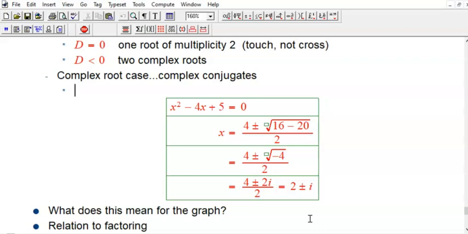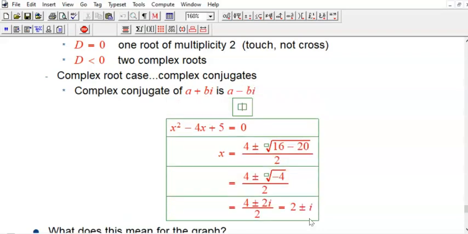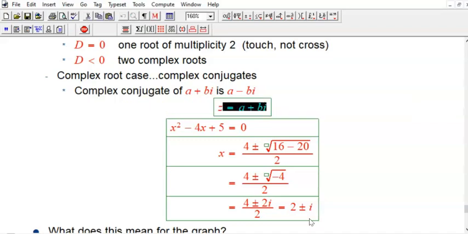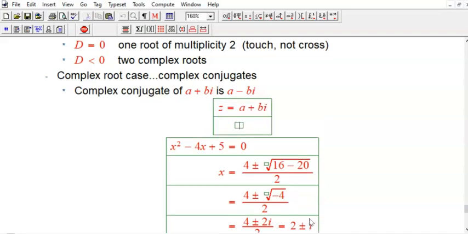I think we've seen this before, but let me remind you, the complex conjugate of a complex number a plus bi is just a minus bi. Our book doesn't do this very much, but if you symbolize a complex number with one letter, then usually you put a bar over it.